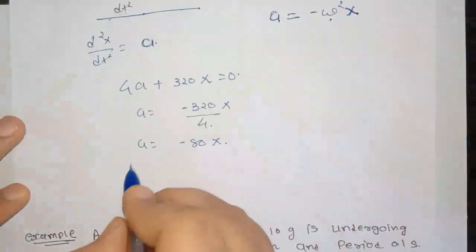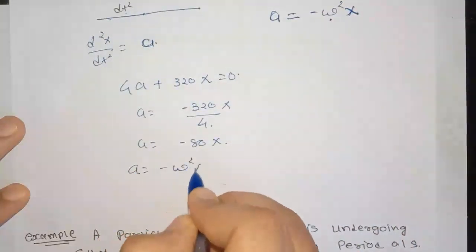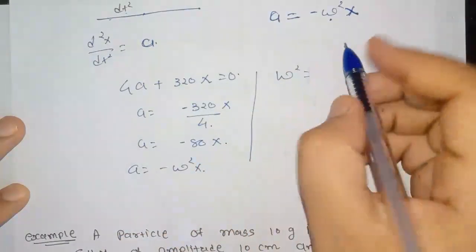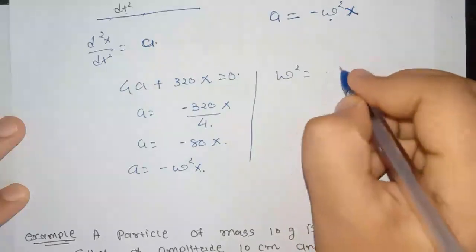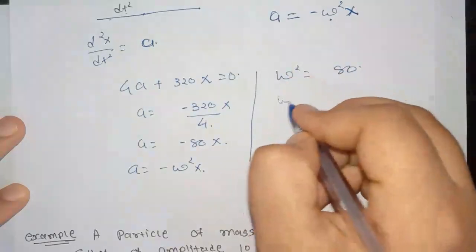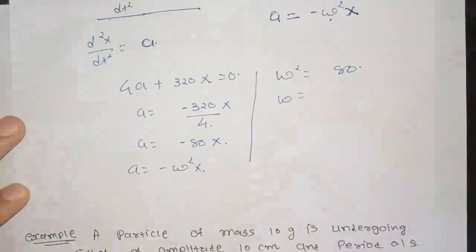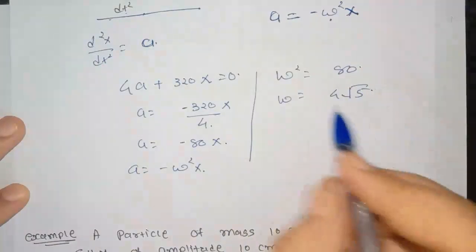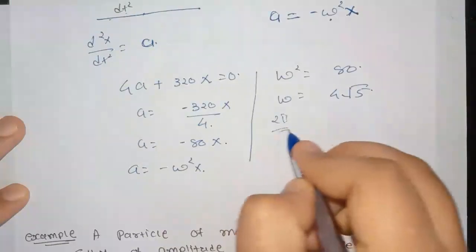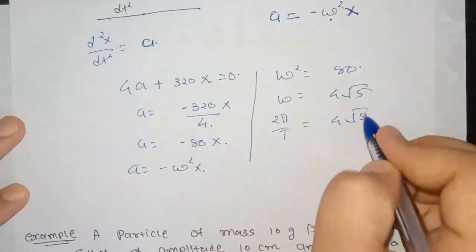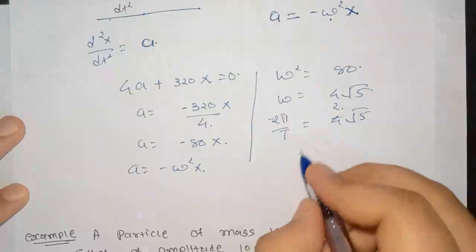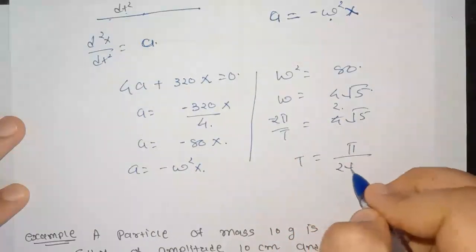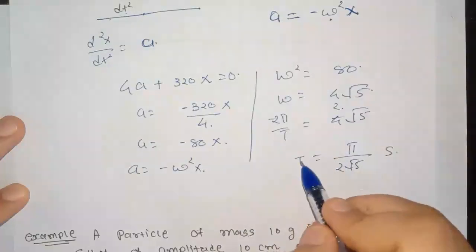Comparing this with the basic equation a is equal to minus omega square x, we find omega square is equal to 80. So omega will be equal to 4 root 5, but omega is 2 pi by T, that is equal to 4 root 5. So time period will be equal to pi by 2 root 5 seconds.